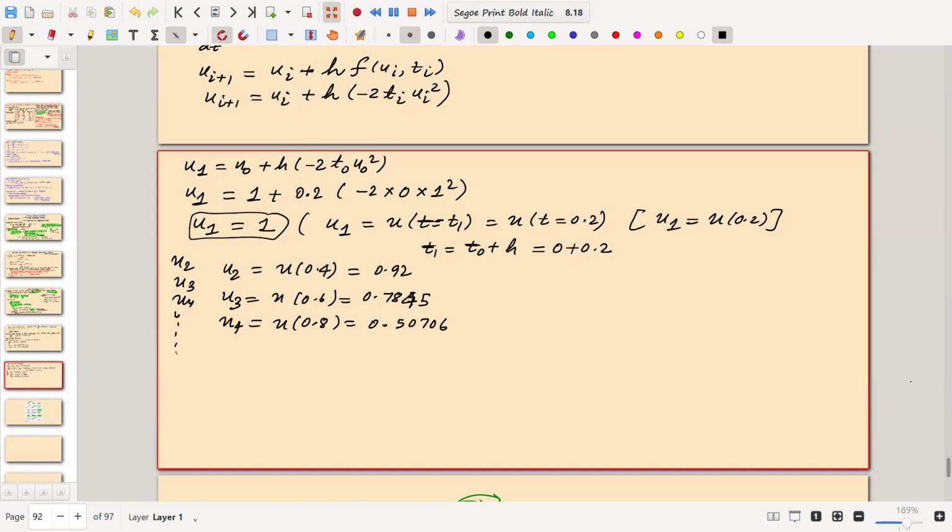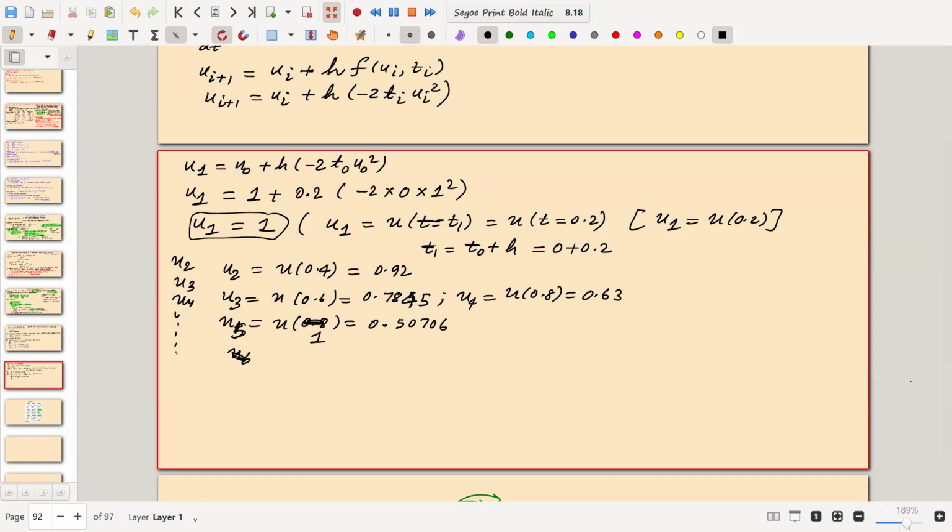Is it correct? Okay, u1 was already got. Fine, good. You have done a good job.